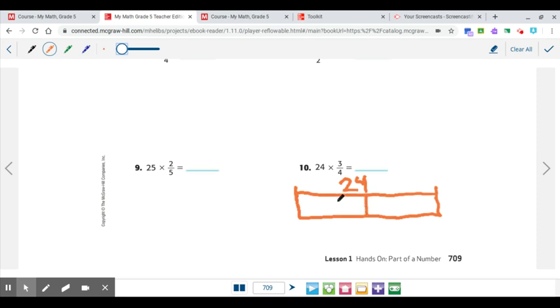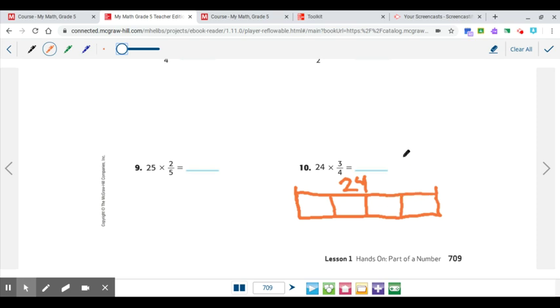Okay, so there's a half, and here's my quarters. Again, are my lines perfect? No. Are they close enough? Absolutely. Okay, so I know that this is 1/4, 2/4, 3/4, 4/4.